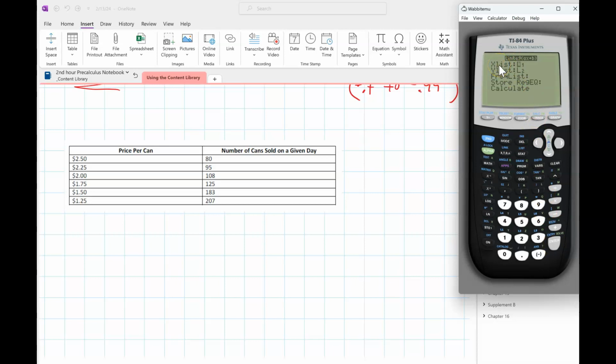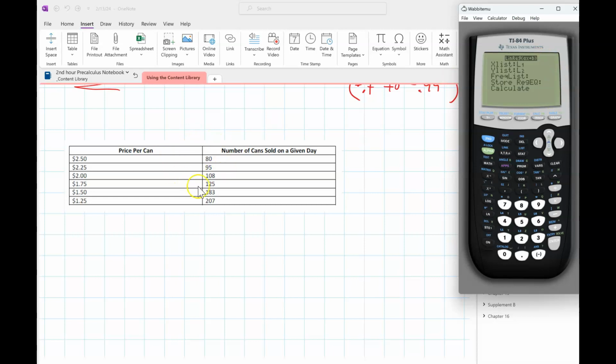this needs four inputs. We need an X list, a Y list, a frequency list, and a place to store the equation. So where are our X points listed? They're in L1, right? So the X list should say L1. Mine already does, so I don't need to do anything. More, if yours says L5, you should change that to L1.